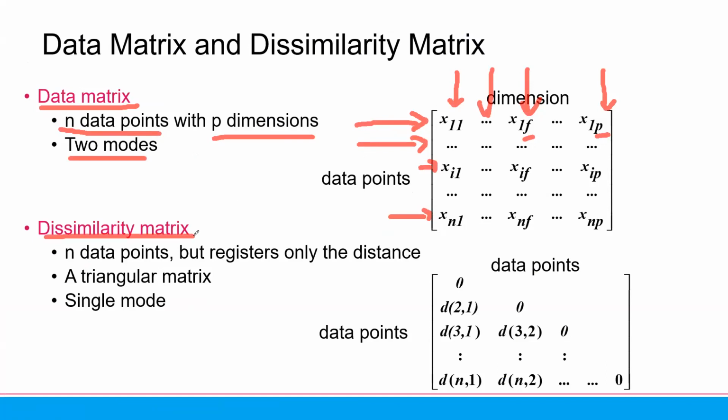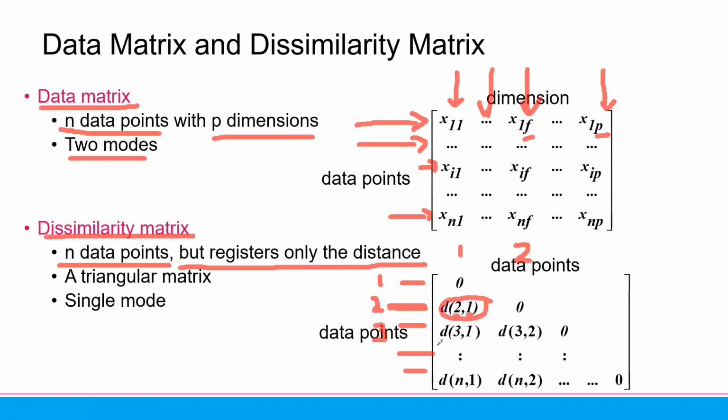We can also have this similarity matrix. This is the combination. We have n data points. The rows are still the same, but it registers only the distance. Later we will check D21. It means the distance between point 2 and point 1.